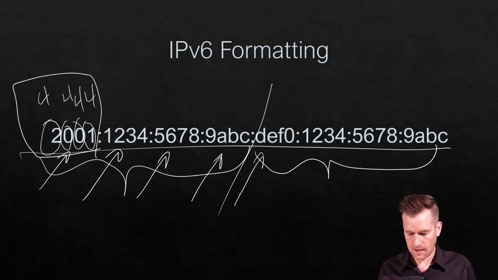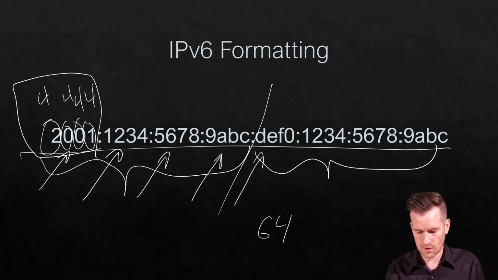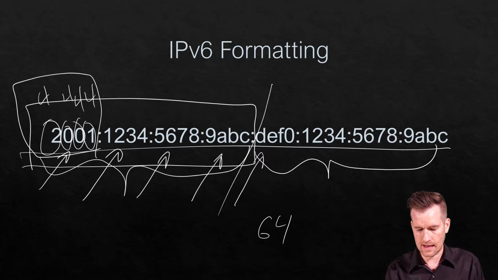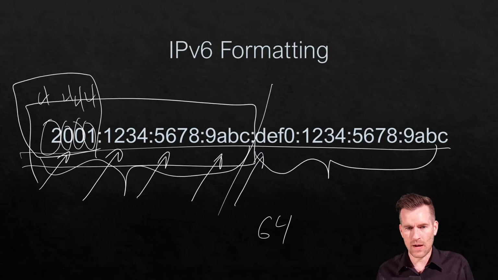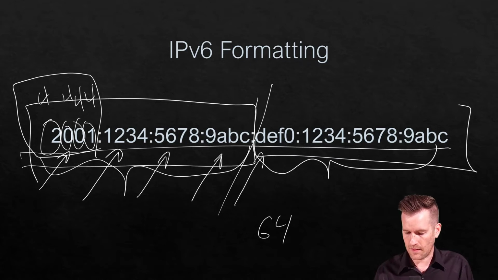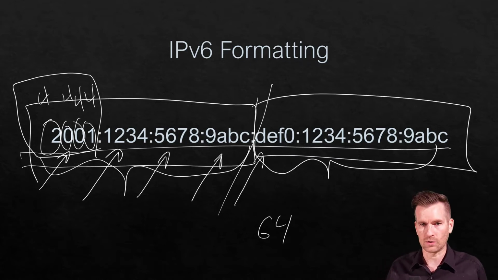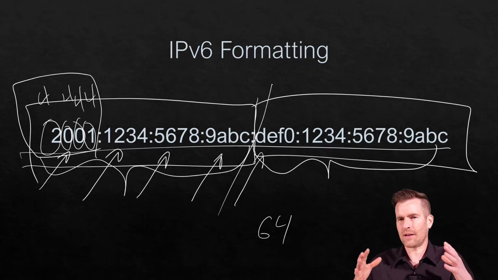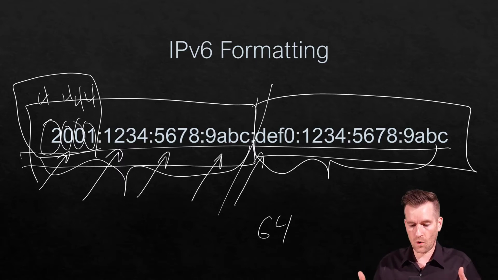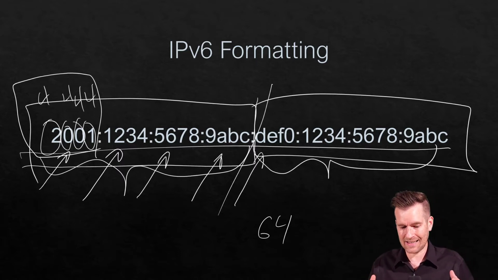So in this case right here, the prefix is 64. So it defines that this is the 64 bits on this side, which is the network side. And then on this side, we have the host side. So that's a little bit about the IP version 6 address and what it looks like.